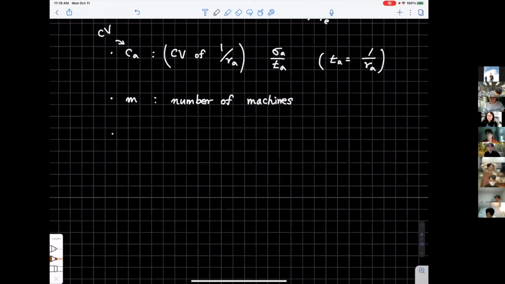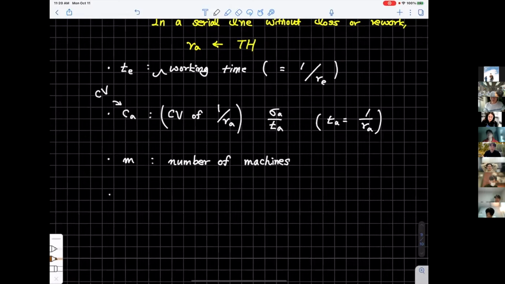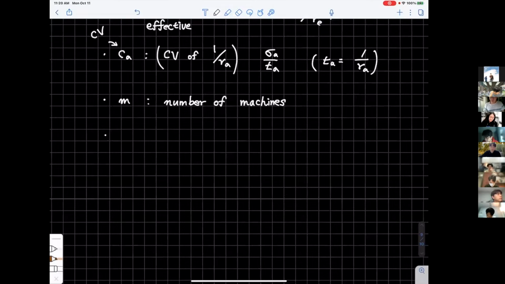Next, please add this term, effective working time. Also, CE can be defined like this.